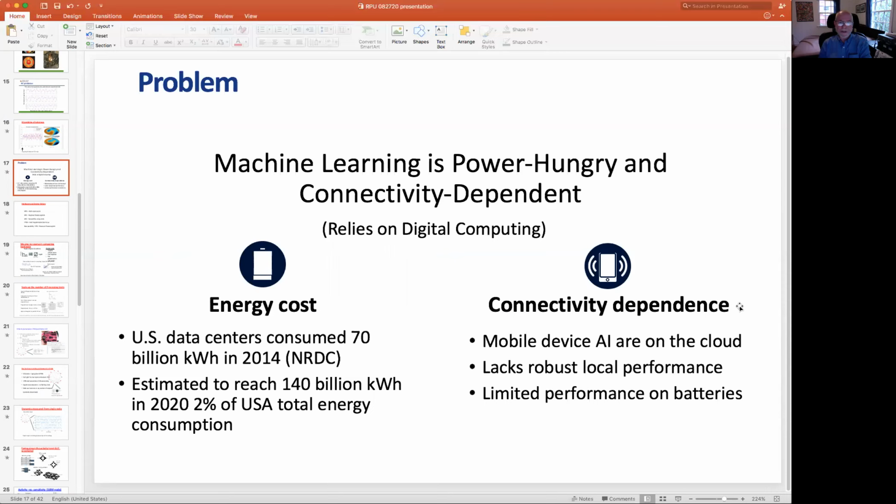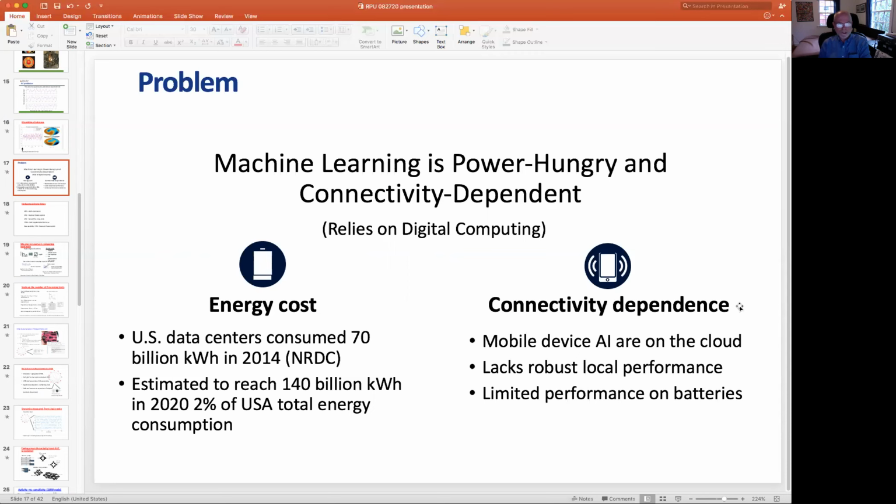Now, the other problem that machine learning has in many applications is that it is generally connectivity dependent. When you have voice recognition tools, let's say in your car or on a device on your shelf, or when you do searching, those are all sending those queries via the internet back to cloud servers and then returning the result.